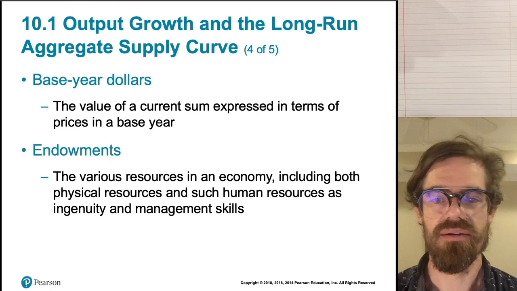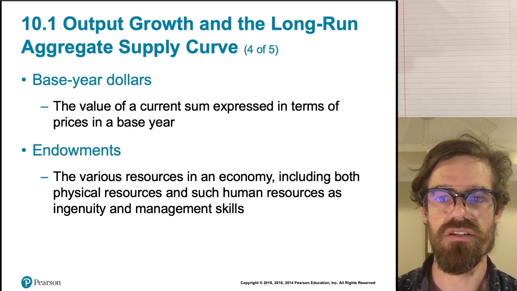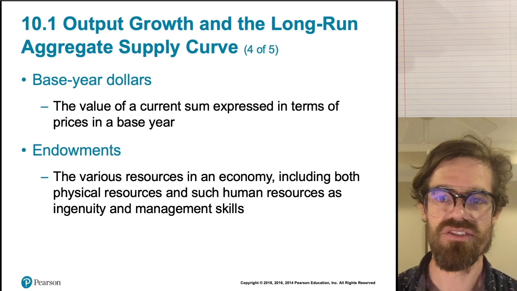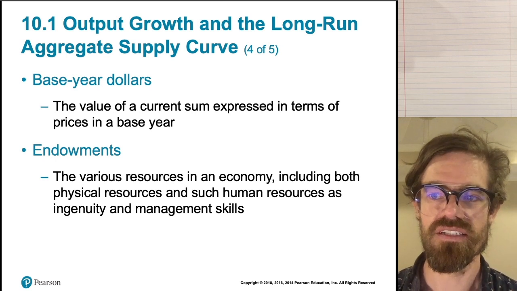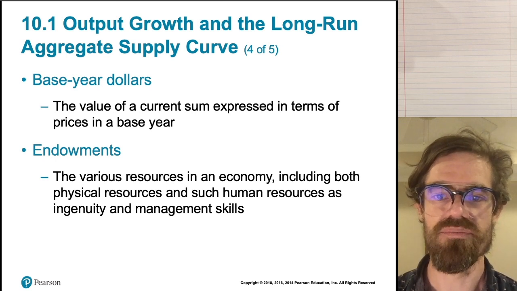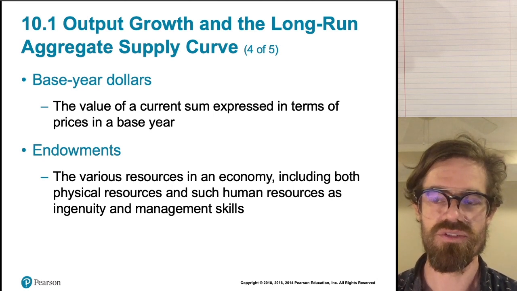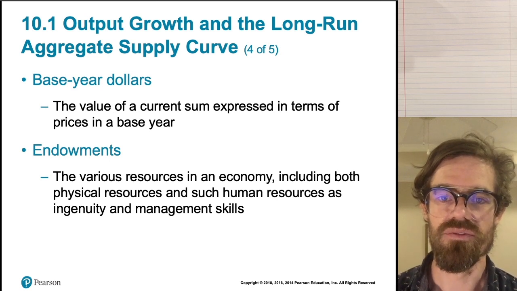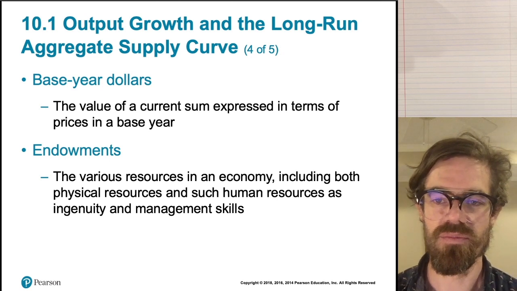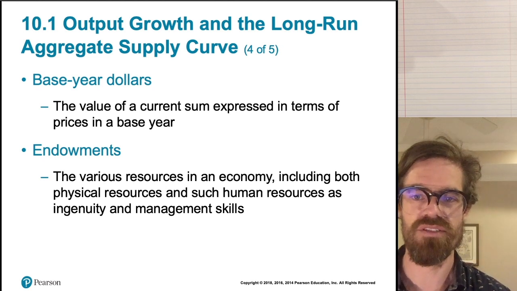Okay, so going back a couple chapters to the chapter on inflation, recall the concept of base year dollars. It's anytime we express the value of something in terms of prices in the base year. I'm sorry, not current prices, but prices in the base year. So remember that concept from a few chapters ago. Now, endowments, you might have been wondering what endowments are.